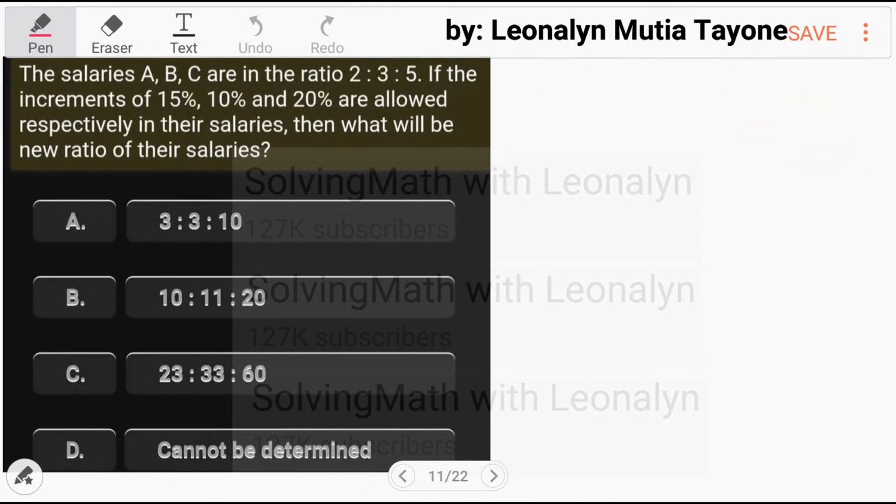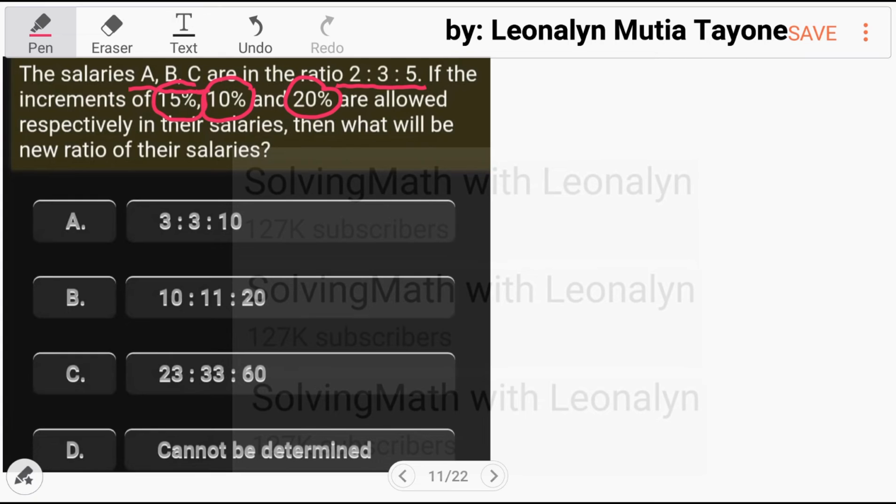Next, number 11. The salaries of A, B, C are in the ratio of 2:3:5. If the increments, again, increased by, pareho lang ito, 15%, 10%, 20% are allowed respectively in their salaries.